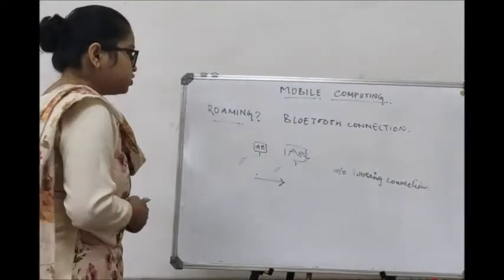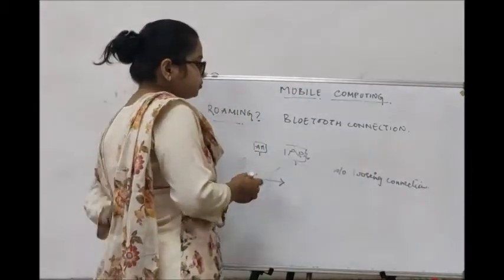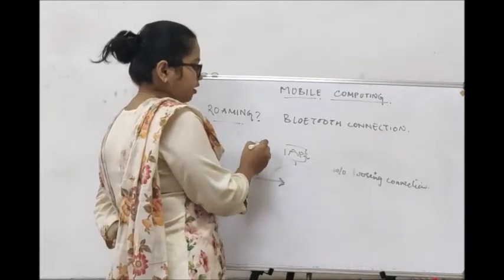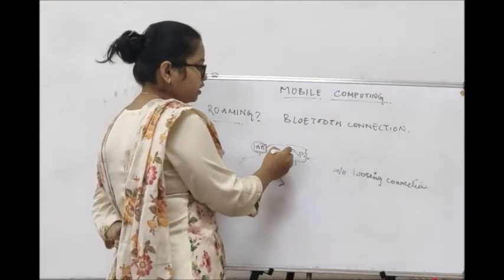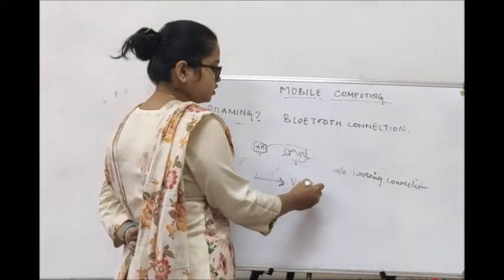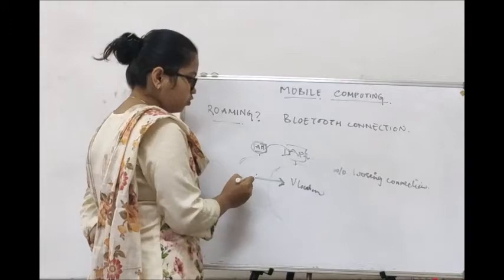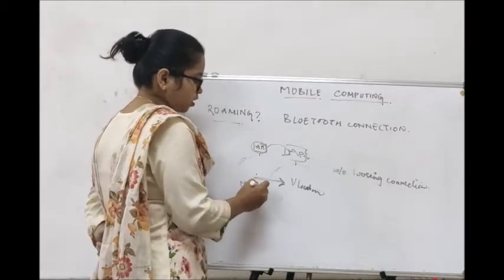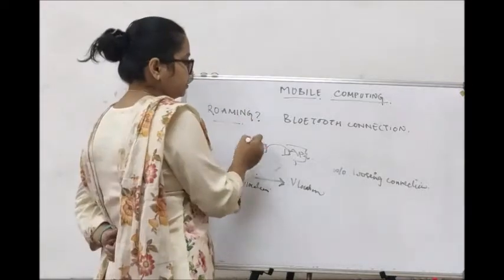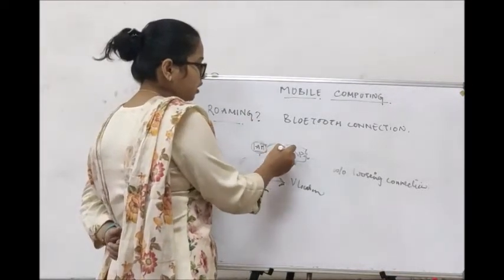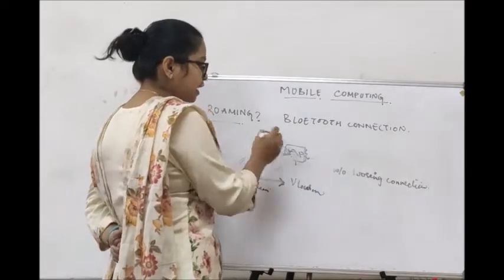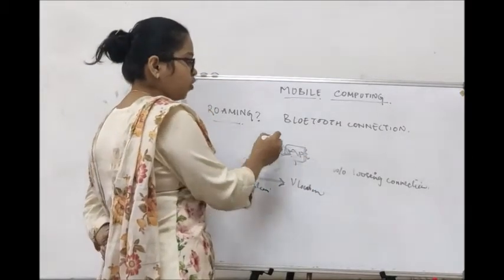So what happens in roaming internally is that the access point change will occur and these access points will communicate with the visiting location. This is called the visiting location, V location. This is called the home location, H location. When we move from home location to V location, then AP1 will communicate with the AP of the visiting location and will tell that this subscriber is on roaming.